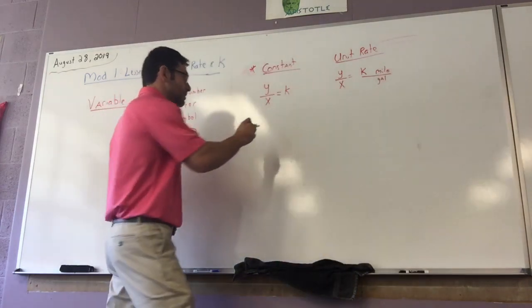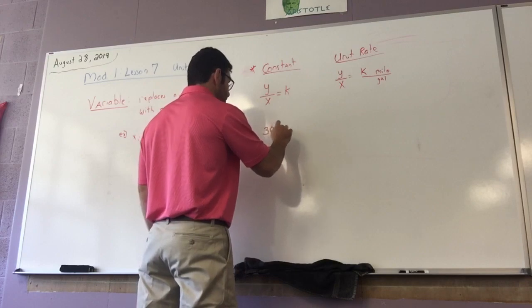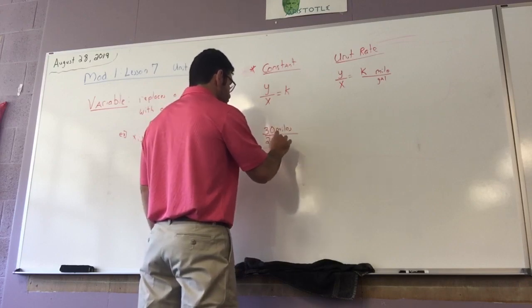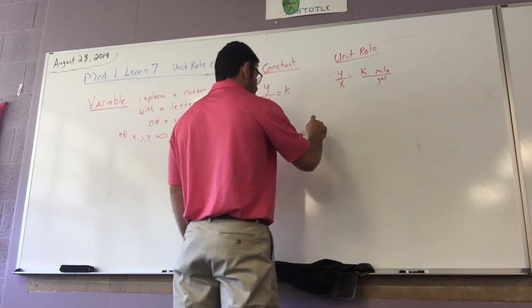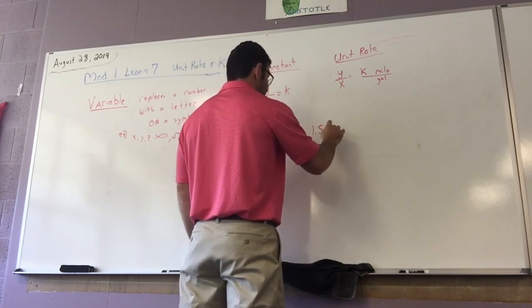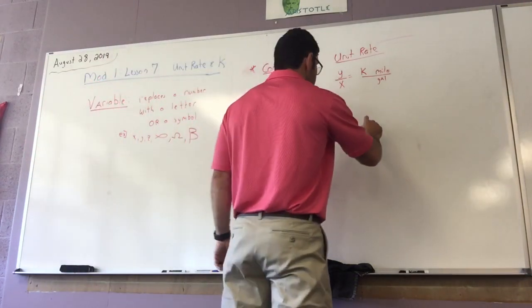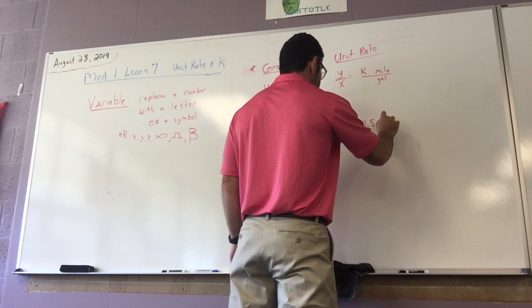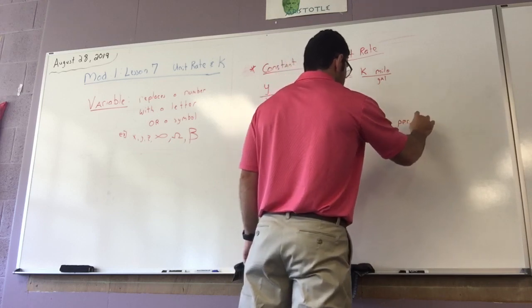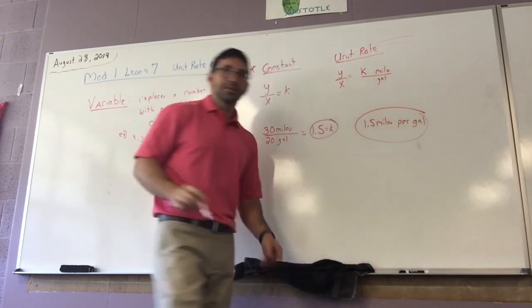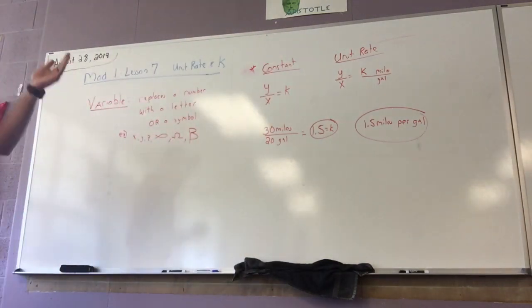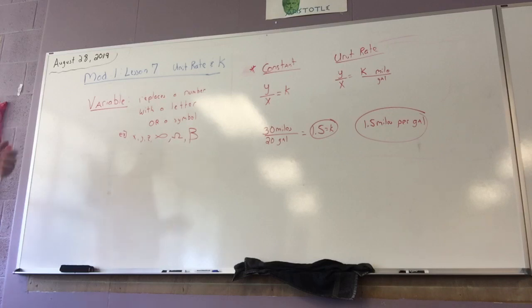So let's say I've got 30 miles divided by 20 gallons. That gives me 1 5/10 is my K. That's wonderful. So what is my unit rate? My unit rate is 1 5/10 miles per gallon. The difference between the constant and the unit rate is that simple. K is my number. My unit rate will be the K, the number, with some kind of unit with it.